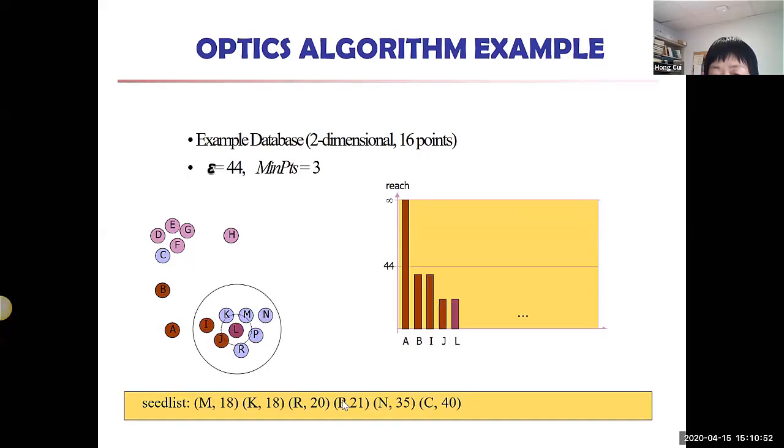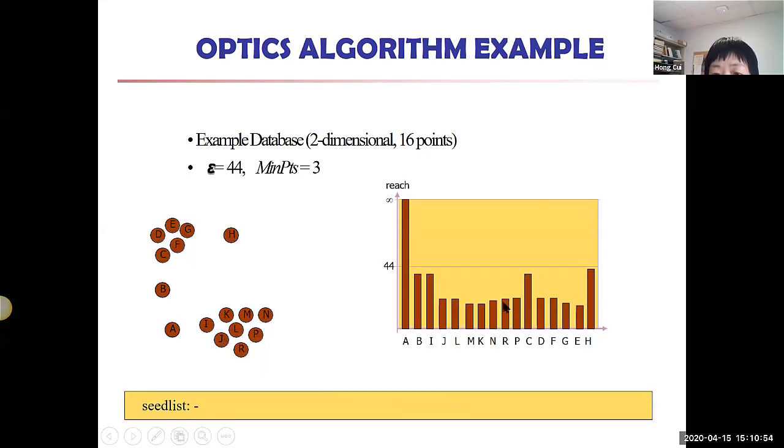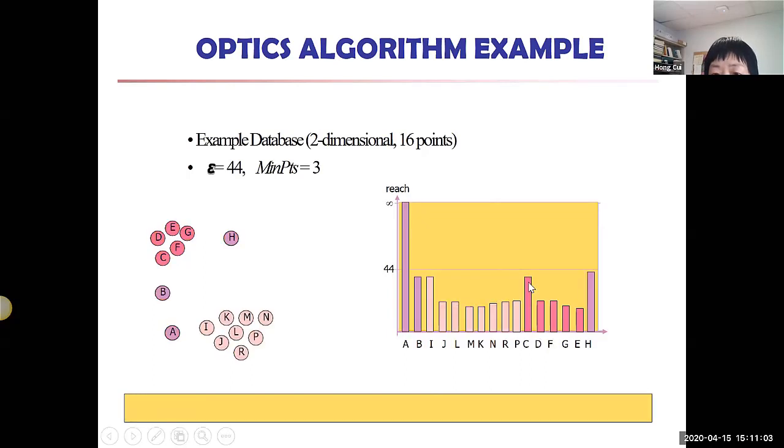So at this point, C was processed here. After all those are processed, we come back to C. C is not an outlier. So here we note A, B, H are outliers, but not C. C is closer to this group.